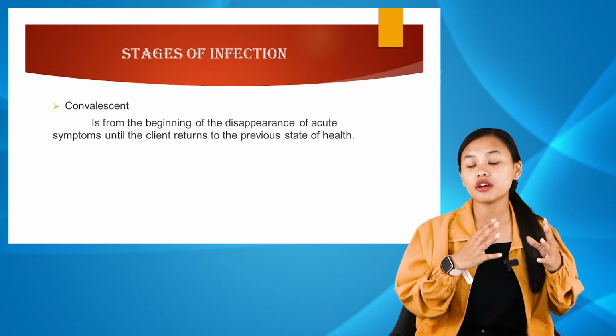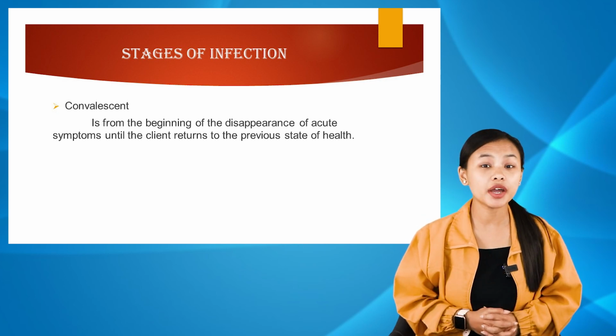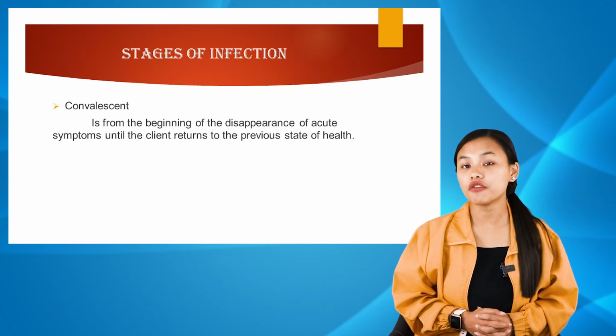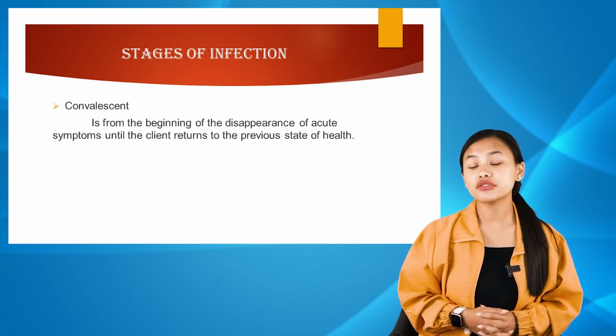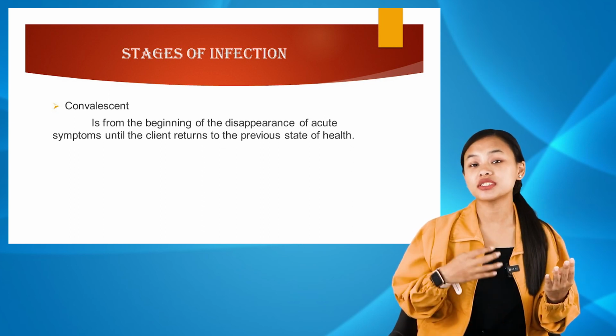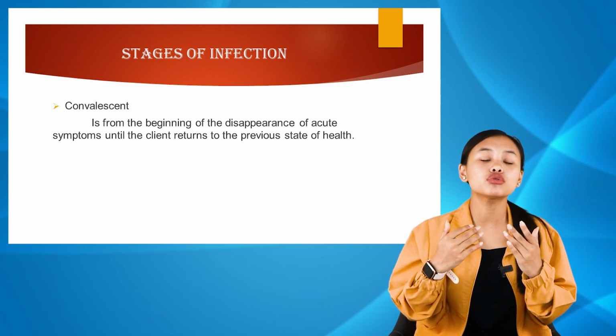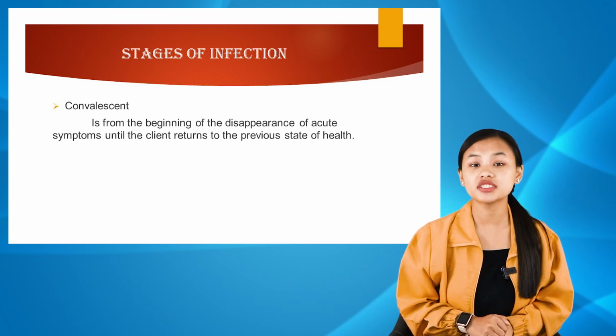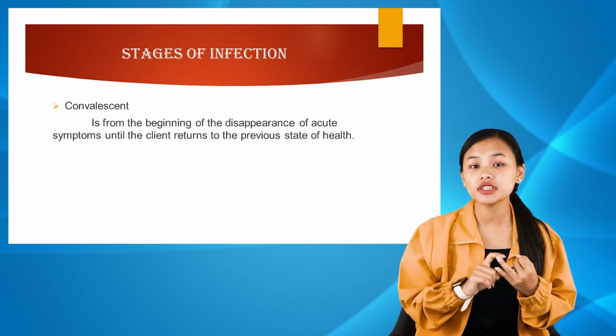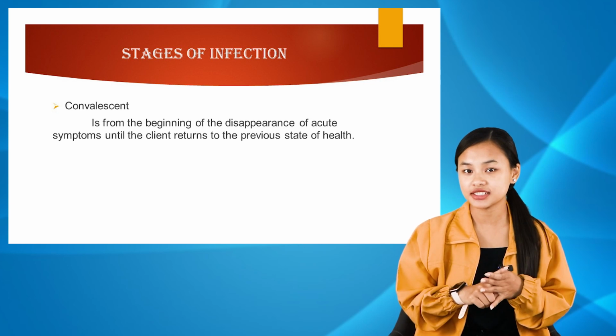However, the length of recovery depends upon the severity of the infection. So either it be a localized infection or a systemic infection, all these infections will have to go through these four stages: the incubation, the prodromal, the illness, and the convalescent.